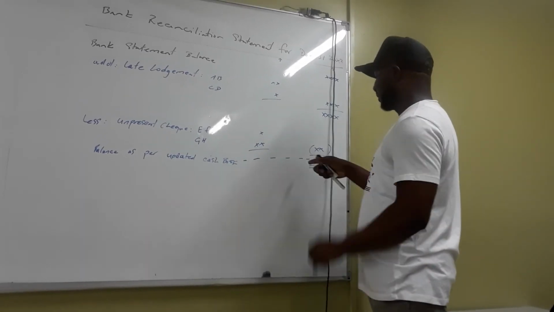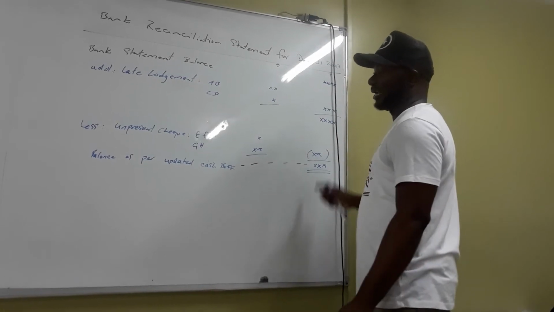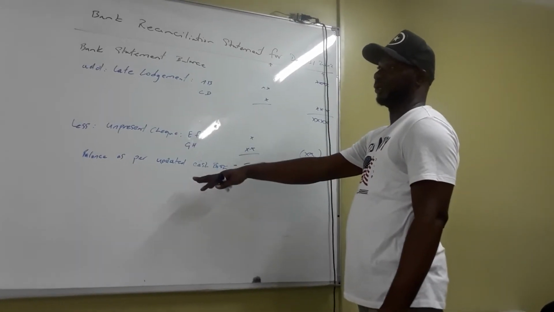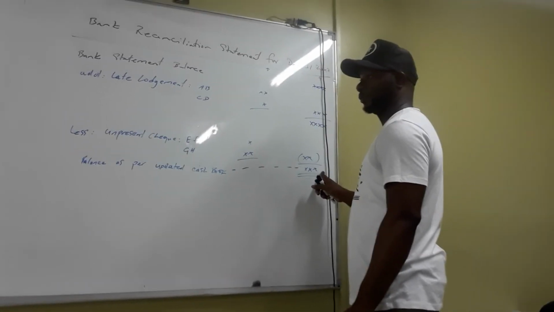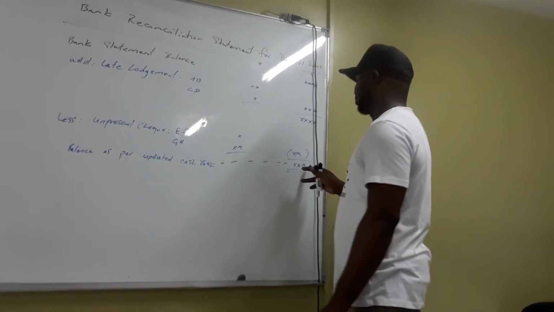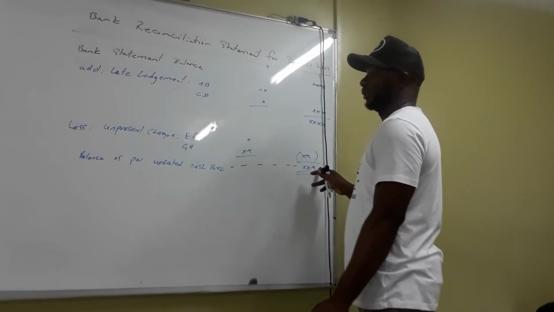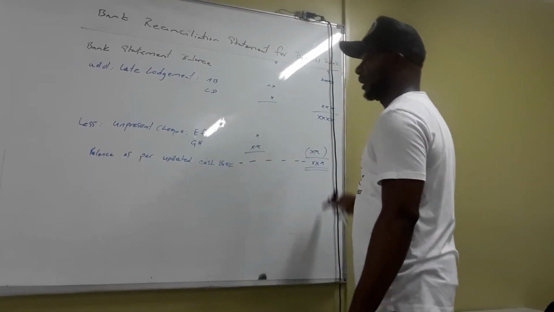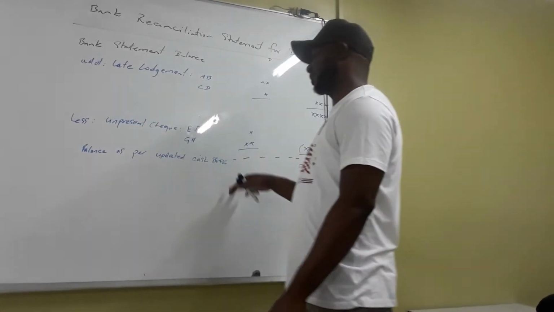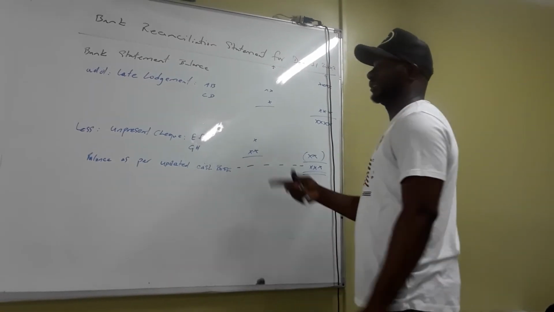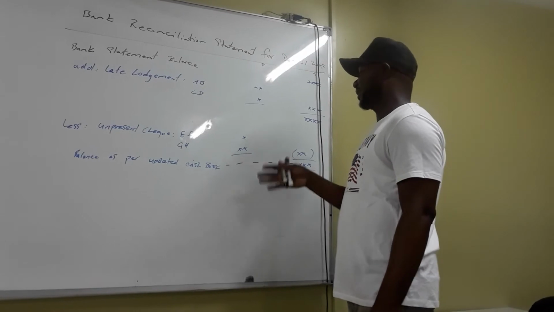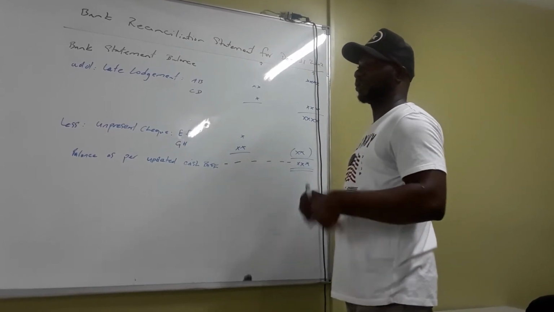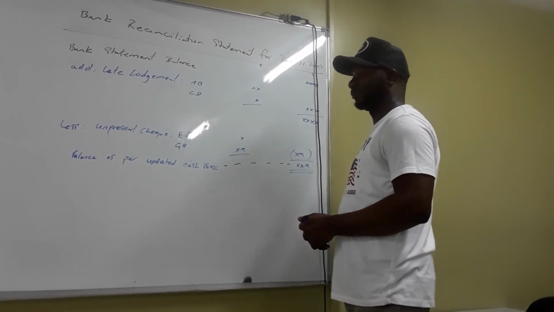This is the amount that should equal the amount that you got when you did your updated cash book. That is why we have the balance as per updated cash book, because you must come back to the closing balance of your updated cash book.